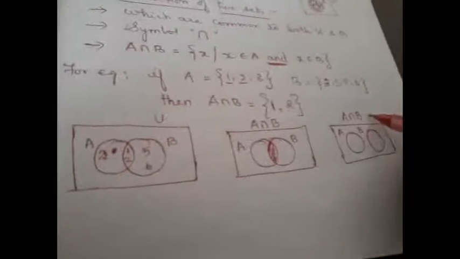That's why we have represented like this, two distinct sets, which means A intersection B here is null set. We cannot shade anything here. So this is the representation of A intersection B. Diagrammatically we will represent like this. Mathematically, we will write A intersection B is equal to null set. It doesn't have any elements, right?